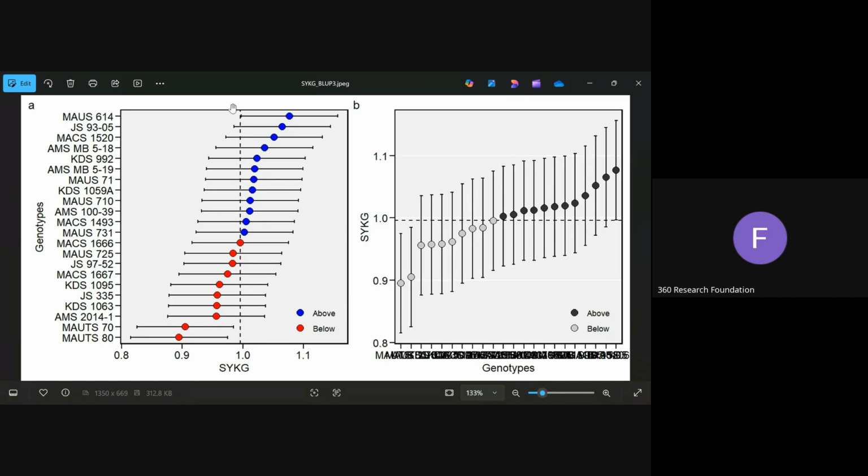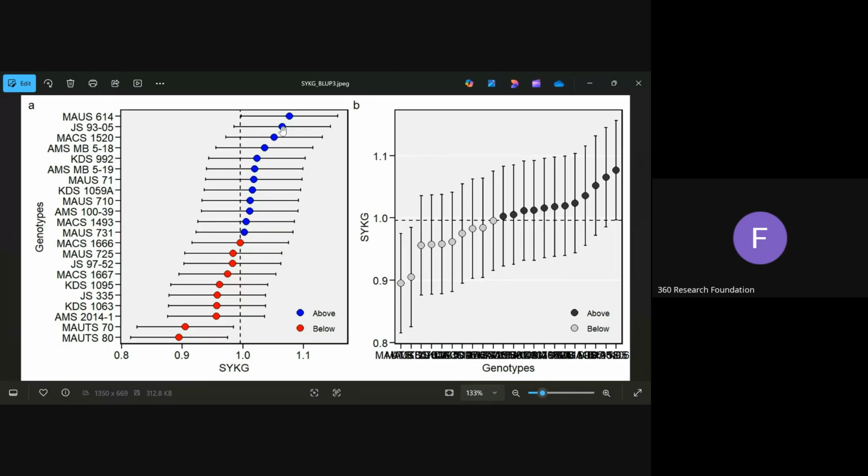In our case it is not a threshold. Here we are ranking the genotypes, seeing which genotype is more than average and which is less than average. So that is the average value line.